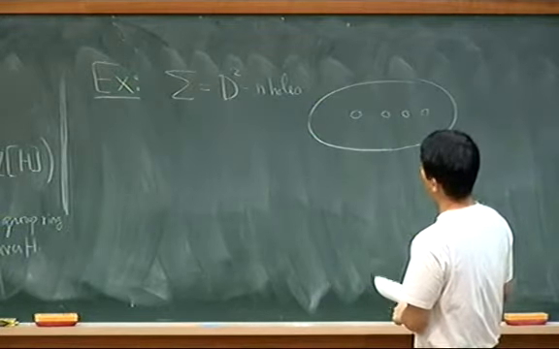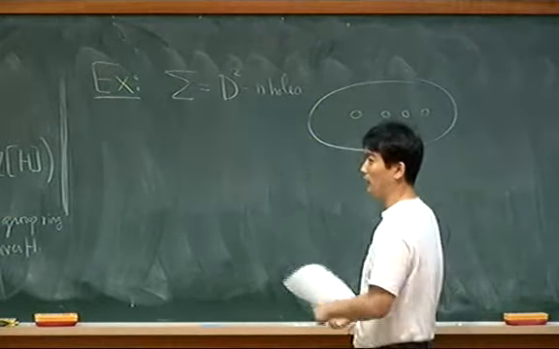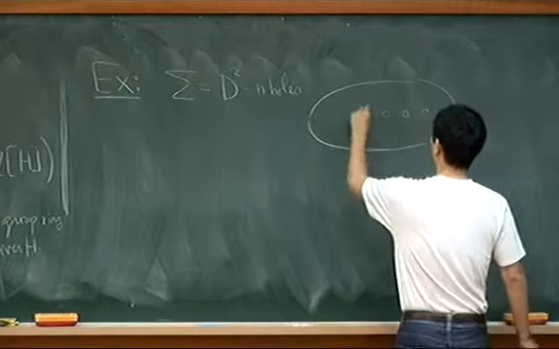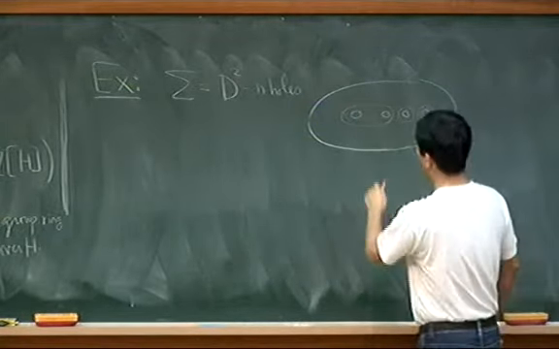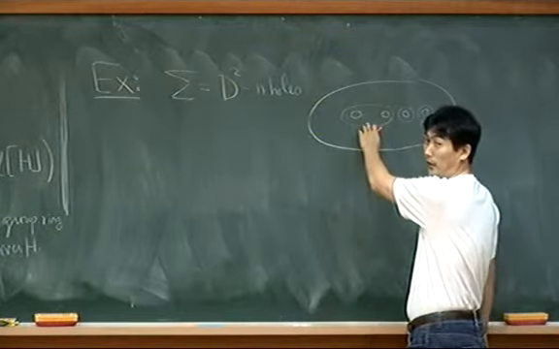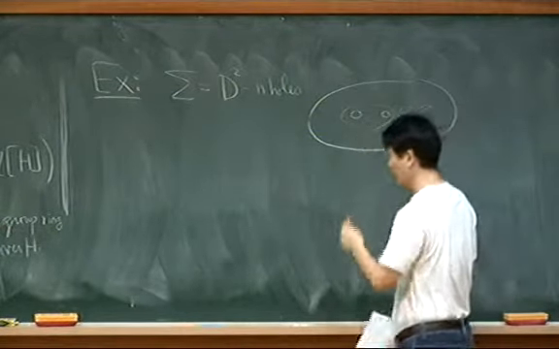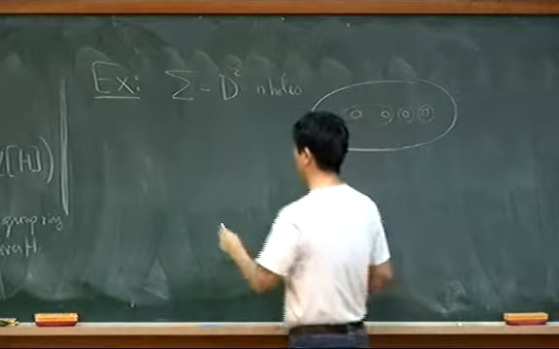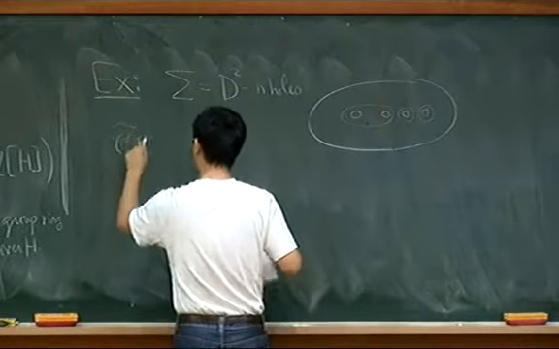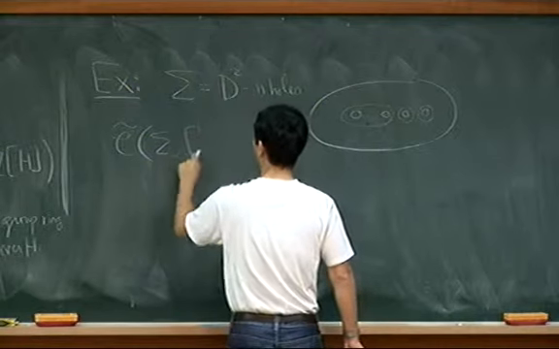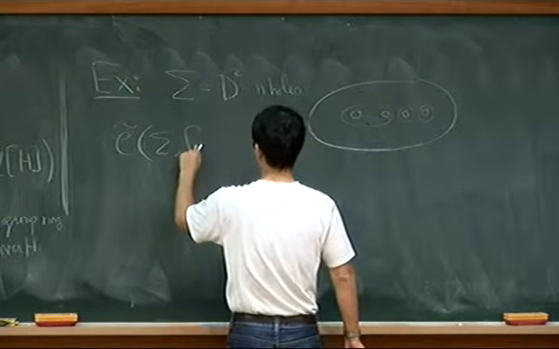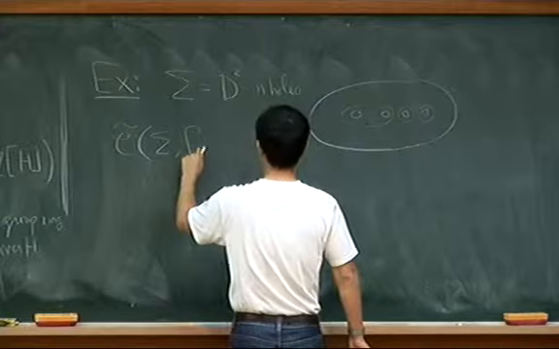Then let's consider the following kind of dividing set. I'm not going to tell you what n is, but n is automatically determined by the gamma that you give. So I will be interested in C tilde of sigma comma, let's just say this is the gamma, I'll call it gamma 1.